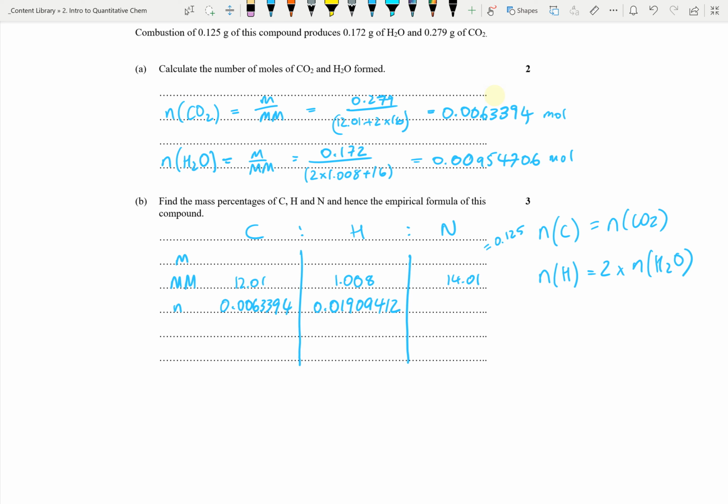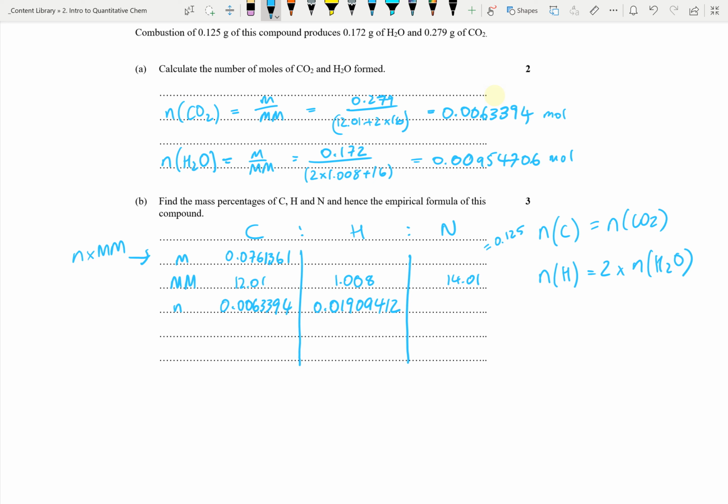Right, so firstly, carbon's mass. It's going to be n times molar mass, so 0.00633394 times 12.01, which gives 0.0761361.